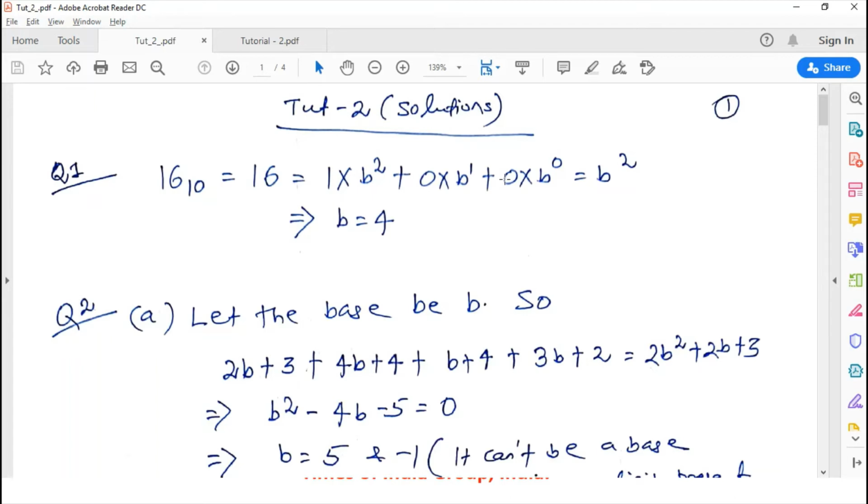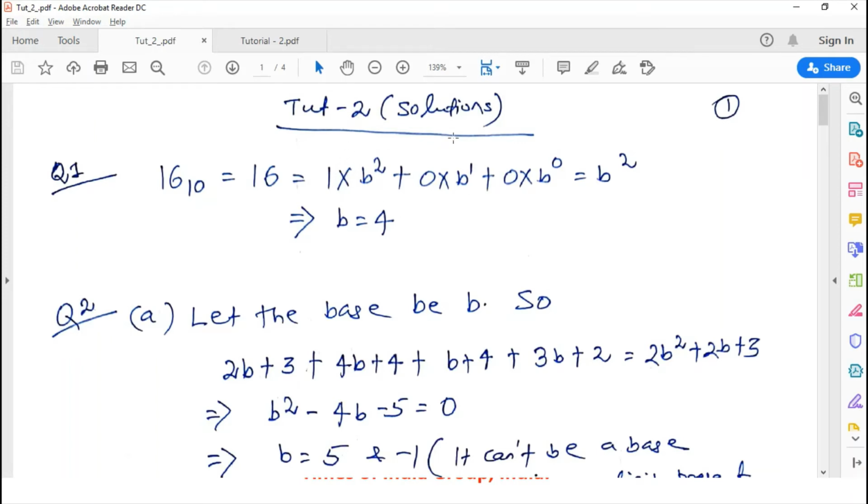Okay, so from any base system to go into the decimal, what we do is that we take the individual digit of that number and we multiply with the base with some power. So the least significant digit has power 0. Then when we move towards the left hand side, we increase the power by 1. So here the 0 is multiplied with base b with the power 0, b with the power 1, b with the power 2. So that number 1, 0 and 0 is multiplied in this way.